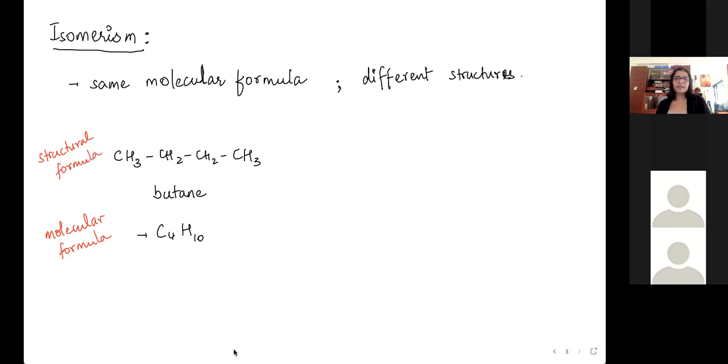So by contrast, I'll present another compound. Look at this one, CH3, CH3, CH3. What is the name of this compound? 2-methyl propane.